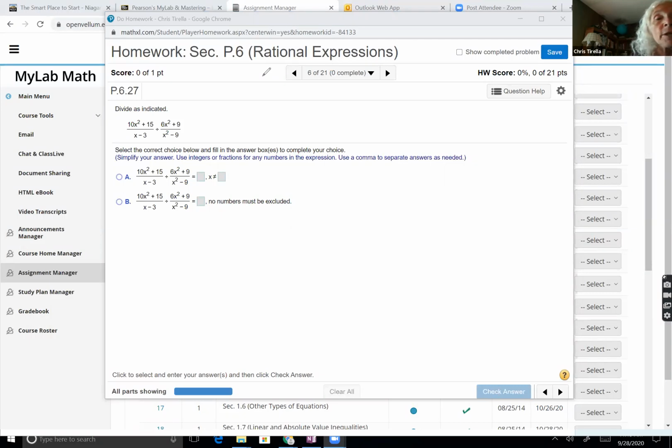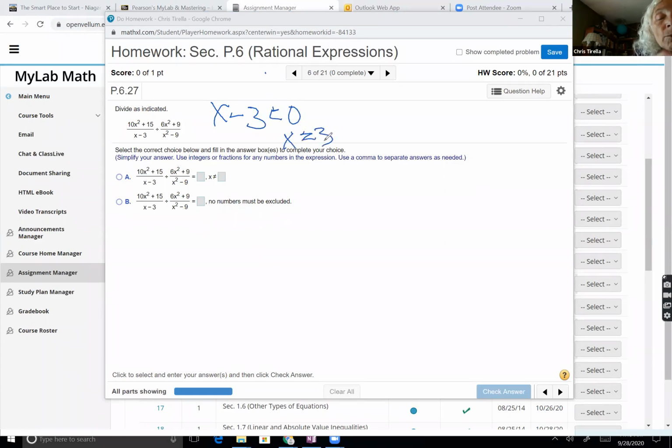So that first denominator, where does x minus 3 equal 0? And that gives me x equals 3.